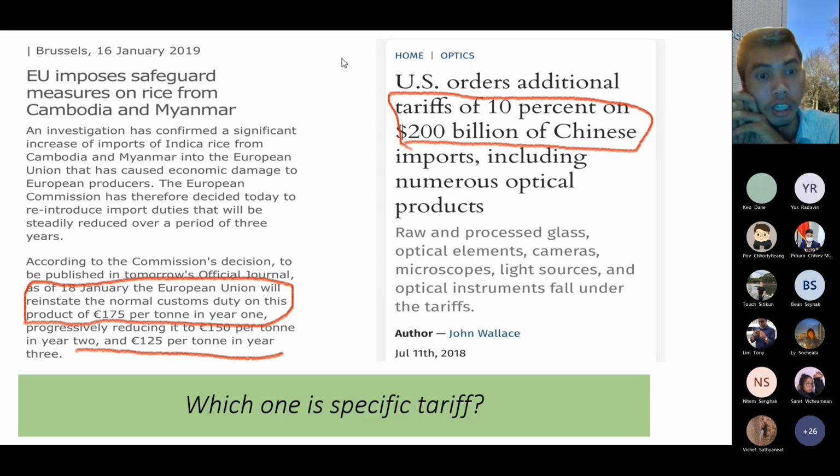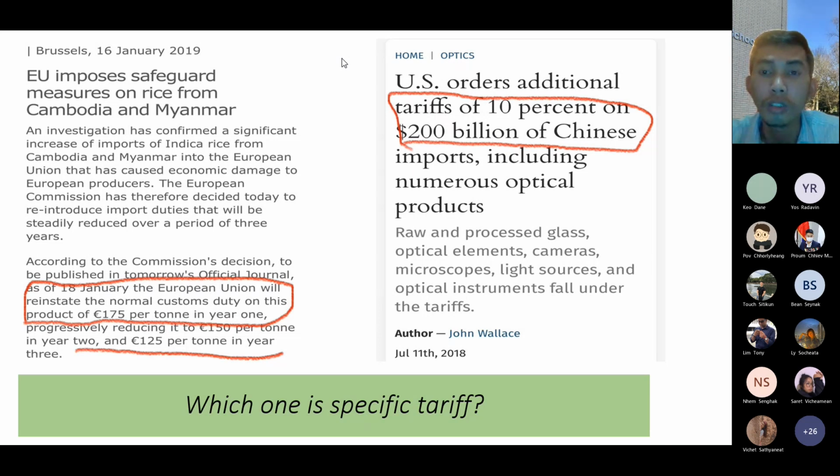And you can see here the tariff is expressed in an actual euro number. No need to put it in percentage terms. We put the actual number of the price, and then per kilogram, per pound, per weight. Make it simple. And the second example is the percentage over the price value of the good, 10% on 200 billion US dollars.